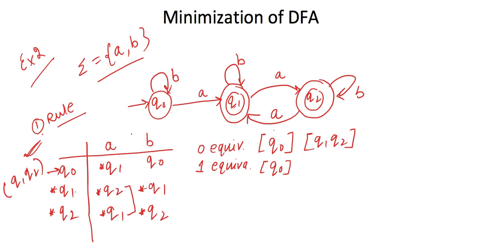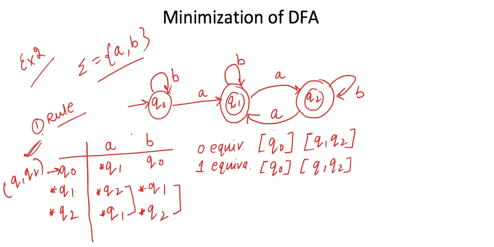Now watch it. Q1 on b is at Q1, it is falling in the same group. Q2 on b is going to Q2, already falling in the same group. So it means they will be forming a group.